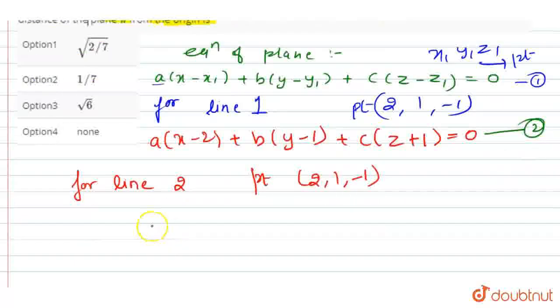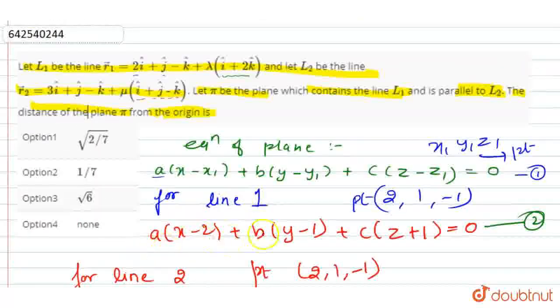So we can say that a + 0·b + 2c will be equal to 0. Here a, b, c are the direction ratios of the plane, and this is the direction ratio of the line. If they are perpendicular, then using the condition of perpendicularity, a i cap + 0 j cap·b + 2k cap·c will be equal to 0.